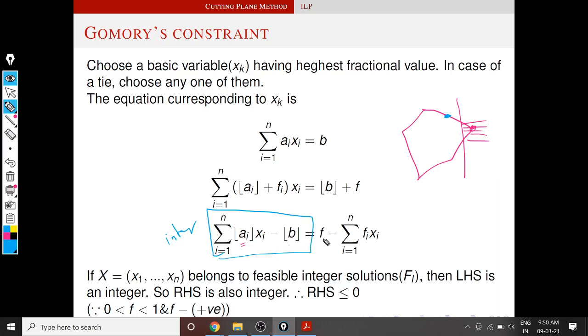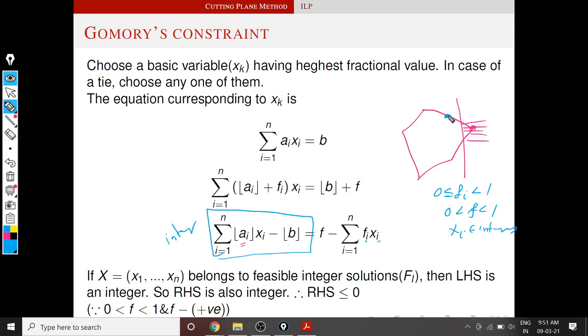And what about this f? f is in between 0 and 1. And what about this quantity? Here the xi's are integers, the fi's are positive. We know that 0 is less than or equal to fi less than or equal to 1, and 0 is less than f less than 1, and all the xi's are integers. That's our assumption.